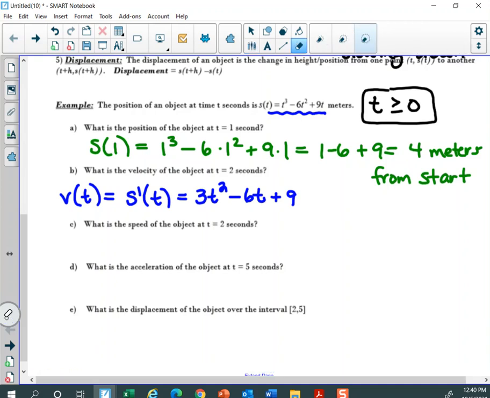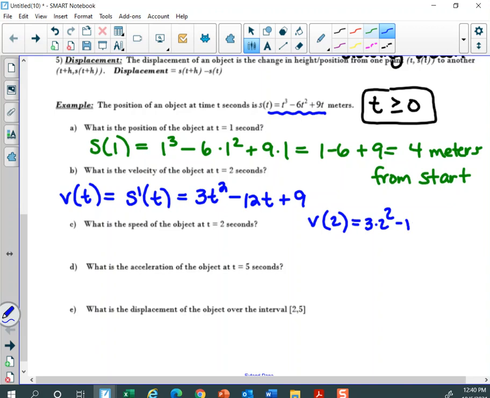Oops, not plus, minus 6t. Nice that I make as many mistakes in video. And so then velocity at 2 is going to be 3 times 2 squared minus 12 times 2 plus 9. So 12 minus 24 plus 9, negative 3.